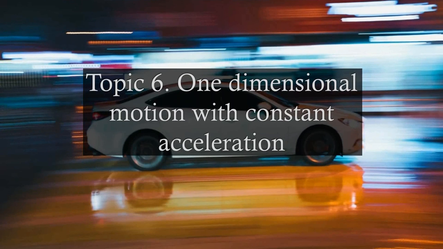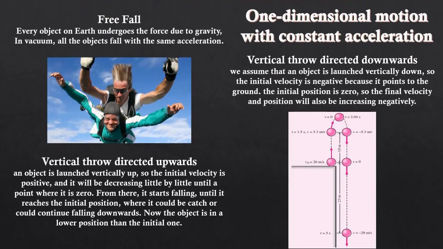Topic 6, one-dimension motion with constant acceleration. Well, in this topic, first we have the free fall, which is basically any object dropping from up, so it goes down because of the force of gravity.